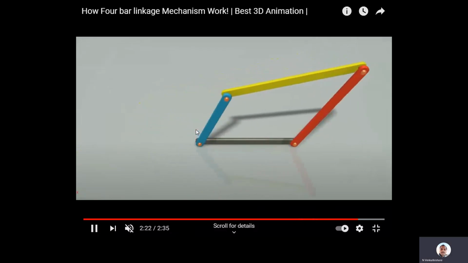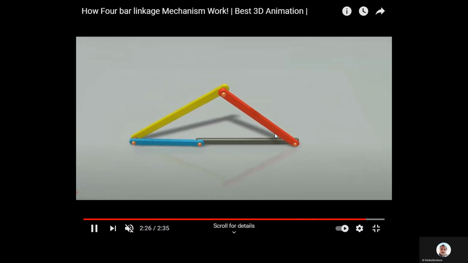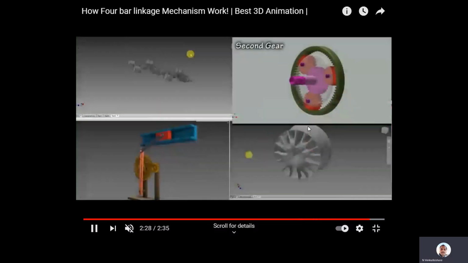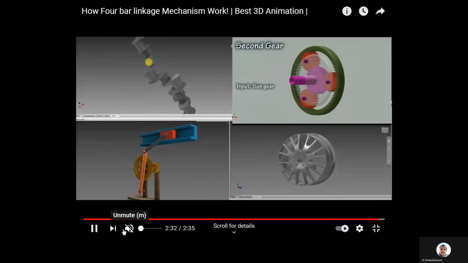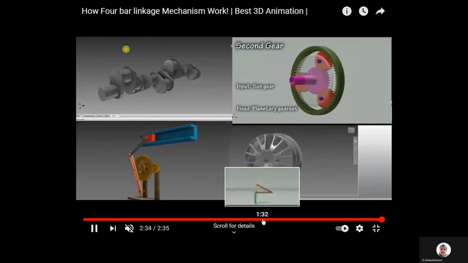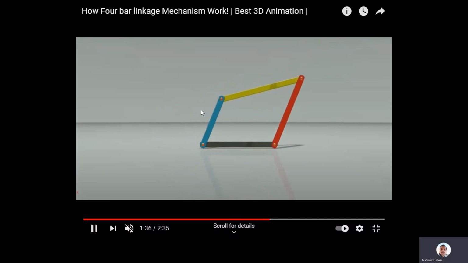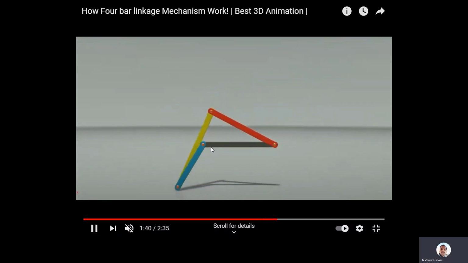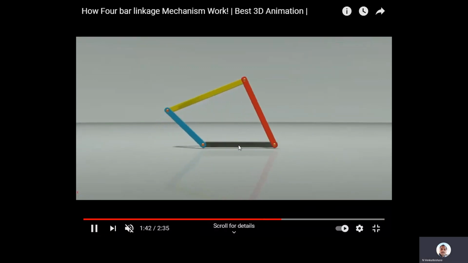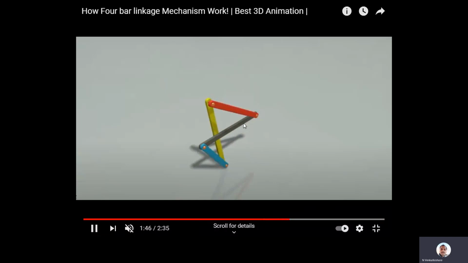The blue color indicates the crank and the red color indicates the lever. And the red and blue are connected by a connecting rod, which is the yellow color, and the gray color has no change in motion, that is, it is the fixed link.